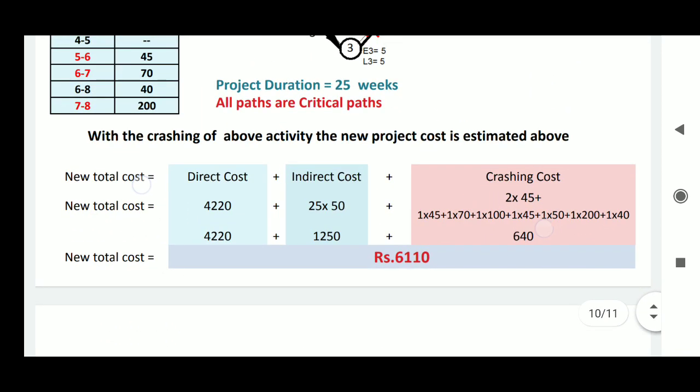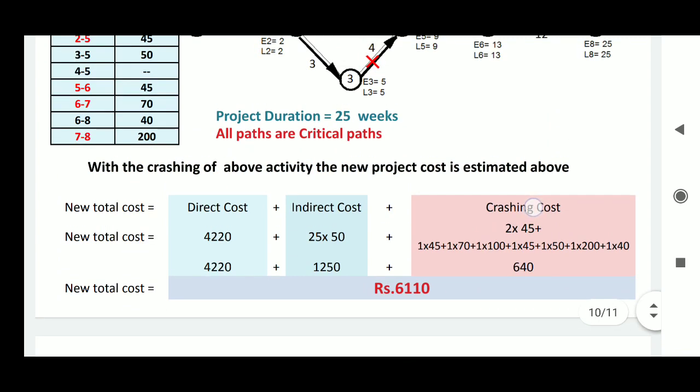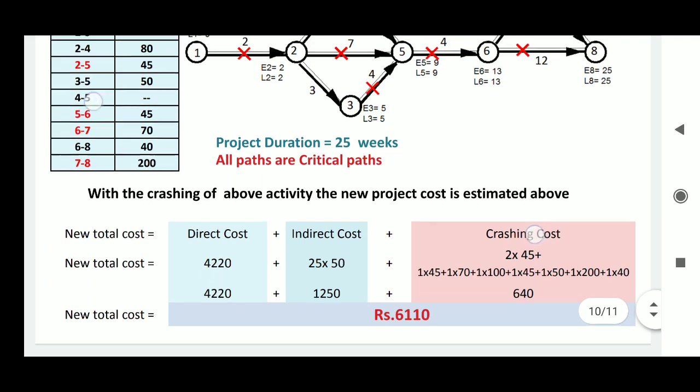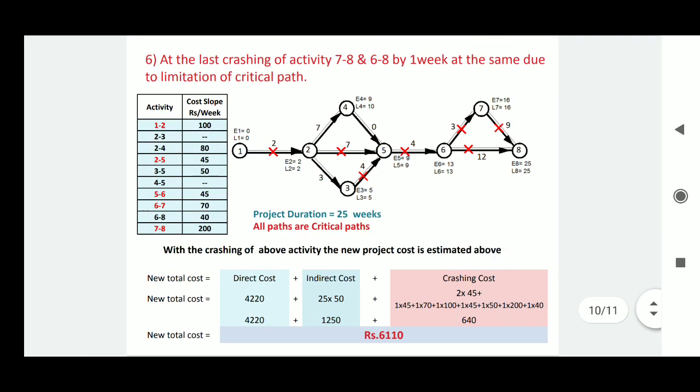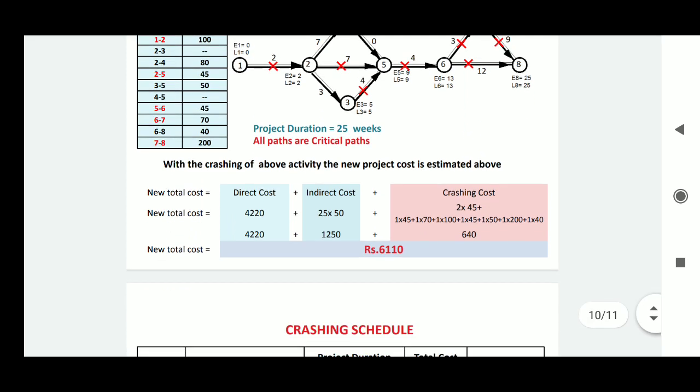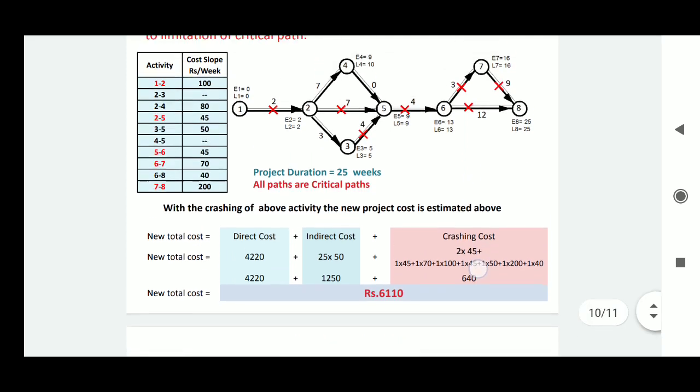Here we have calculated that the new project cost is 6110. So here on the critical path, that is the original critical path, 1, 2, 5, 6, 7, 8, all the activities are crashed. Okay, and by crashing all the activities we are getting this much cost, that is 6110.